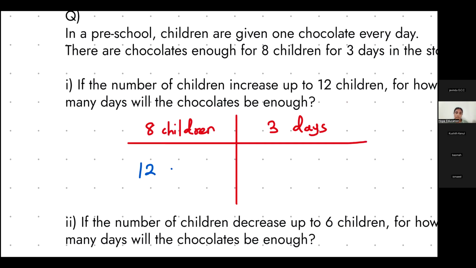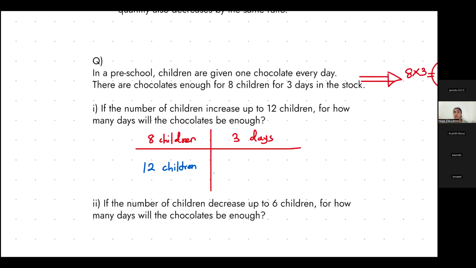Now for how many days will this chocolate be enough? 2 days. Yes. Why? Because now 12 children are there. We only have 24 chocolates. If we give 24 chocolates to 12 children, we can only sustain for 2 days. Because first day you give 12 chocolates, then 12 remaining, you have to give the 12 next day. So if there's only 8 children, we can manage for 3 days with 24 chocolates. But if we have 12 children, we can only manage for 2 days.